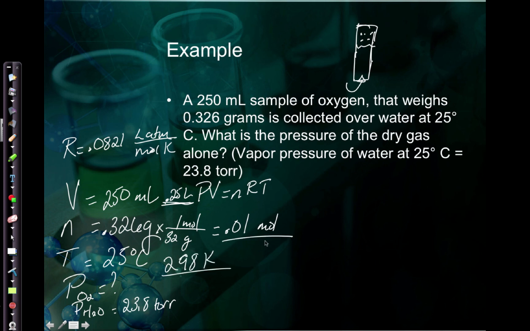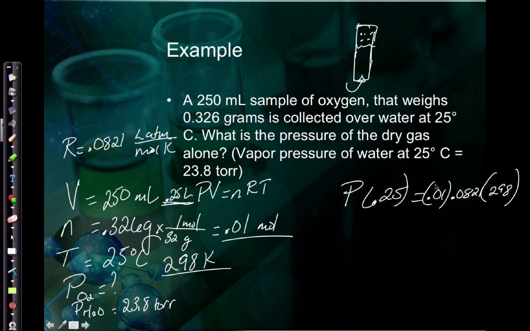So now I'm going to find the pressure of the entire container, so the pressure of all the gases together, and then I can go back and figure out what the pressure of the O2 is by itself. So P is unknown, V is 0.25, n is 0.01, R is 0.0821, and then your T is 298.